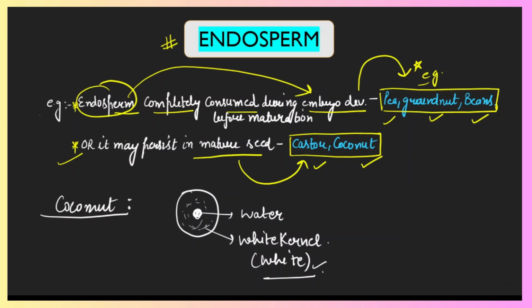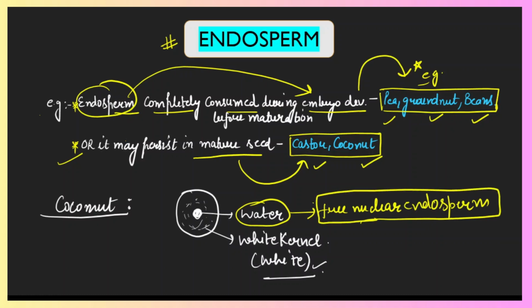This coconut water is basically a free nuclear endosperm. That is a nuclear endosperm, made up of thousands of nuclei. And the whitish part, the white kernel, is basically the cellular endosperm.